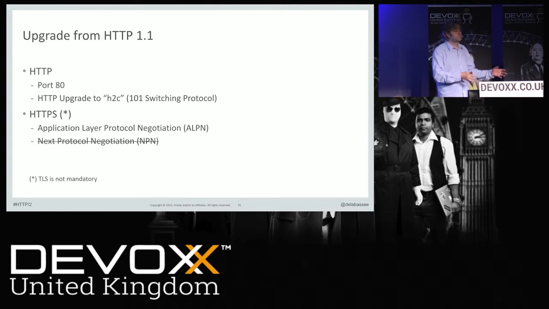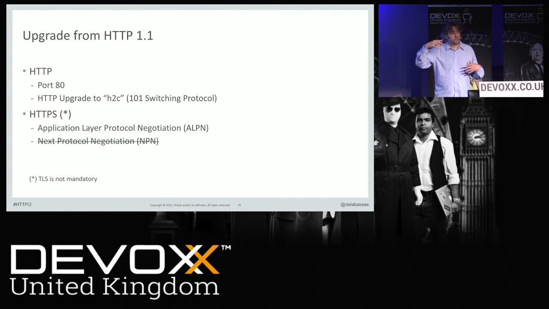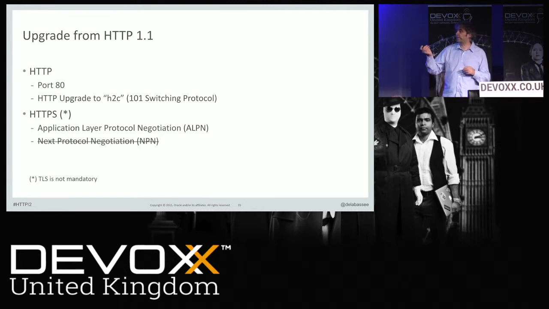If you have an HTTP 2 client, it can connect to an HTTP 1 server, and if that server supports HTTP 2, either the client will connect directly with HTTP 2, or it can upgrade the connection from HTTP 1.1 to HTTP 2. If it's in clear, this is done using the HTTP 1.1 upgrade mechanism. And if it's over TLS, it's done using ALPN. So this is quite efficient.